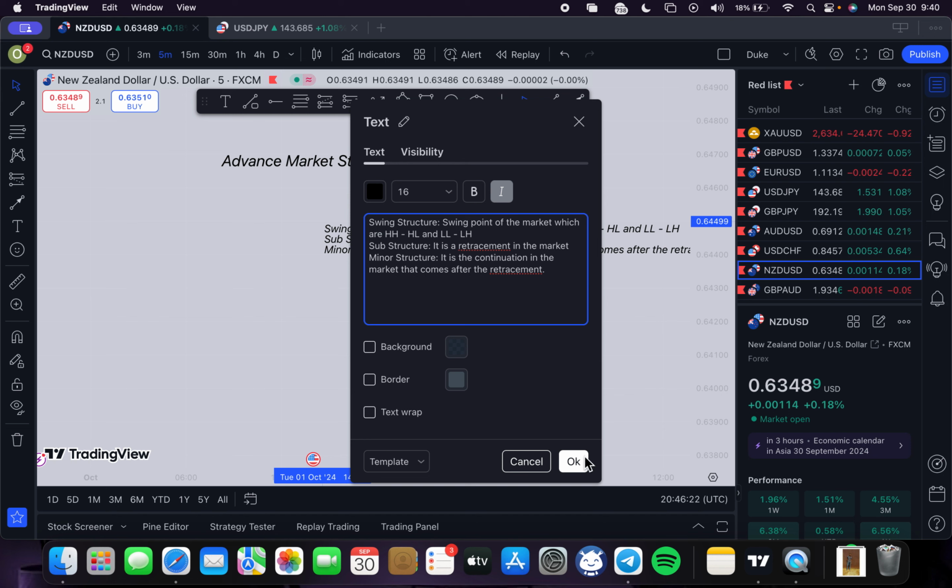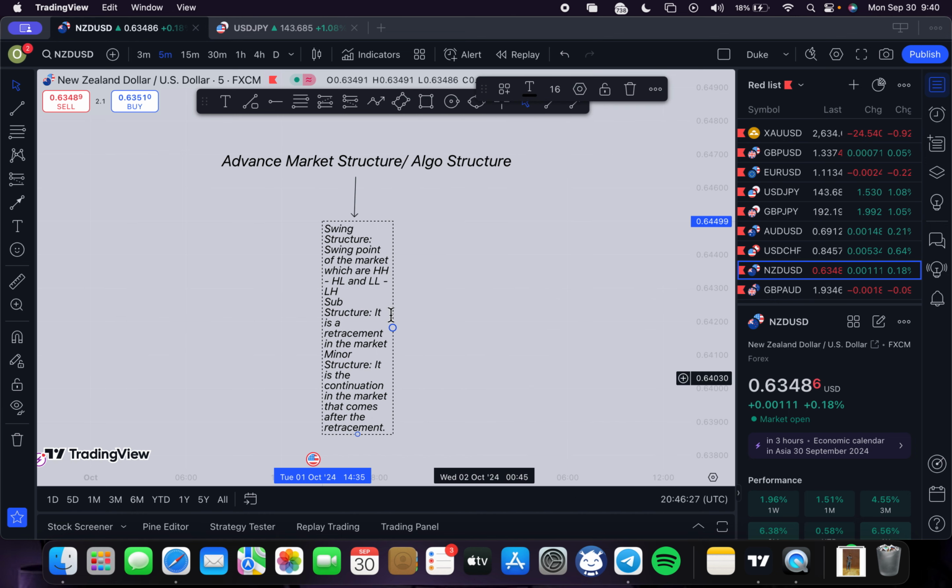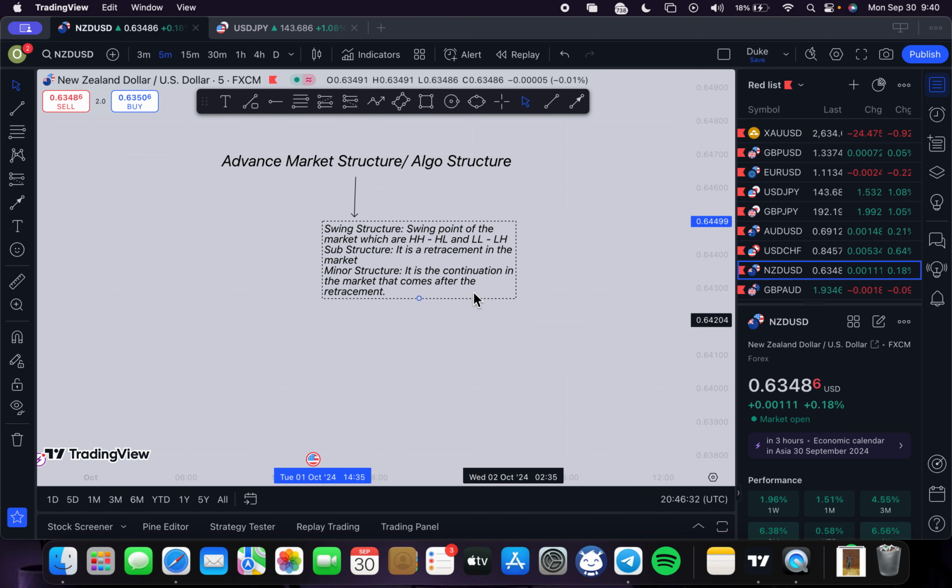So this is the actual meaning of the three important aspects in algo structure. We have these three as the three important aspects in the algo structure.